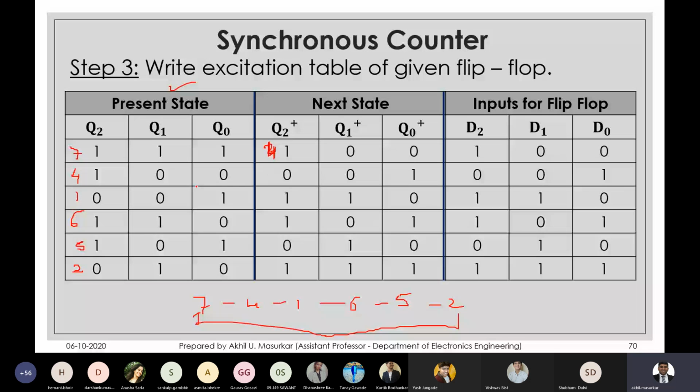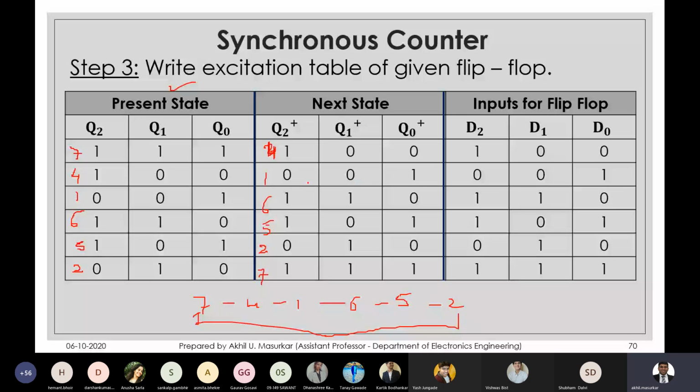The next state of 4 would be 1, the next state of 1 would be 6, the next state of 6 would be 5, the next state of 5 would be 2, and the next state of 2 would again be 7. You can see here 0 and 3 states are not defined.